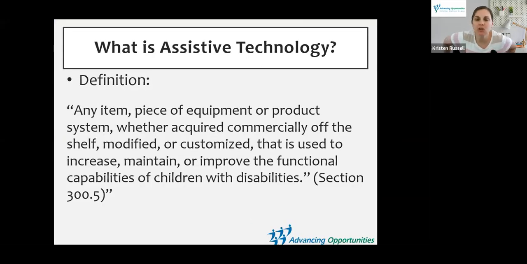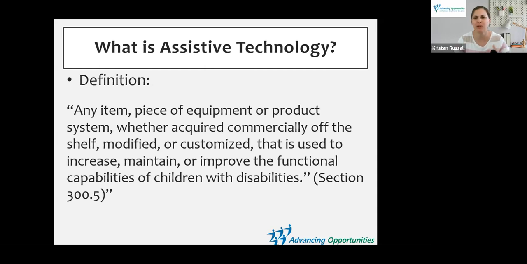Okay, so real quick, I'm not sure where all of you are with your experience with assistive technology. So I'm going to assume that for some of you, this is a newer concept, and I'm just going to talk about some of the background. I'm going to read to you the official definition of assistive technology. It's any item, piece of equipment, or product system, whether acquired commercially, off the shelf, modified, or customized, that is used to increase, maintain, and improve the functional capabilities of children with disabilities.